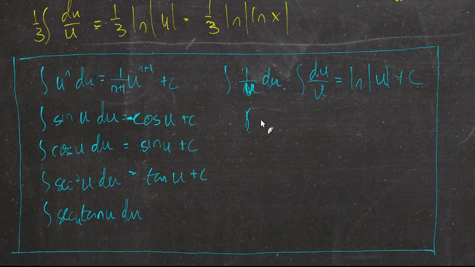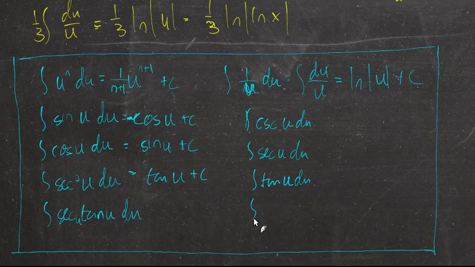the indefinite integral of, now we've expanded to, cosecant u du, and secant of u du, and a single tangent, and cotangent. And we even have a couple left over that were just kind of obscure, which were the integral of the cosecant squared.